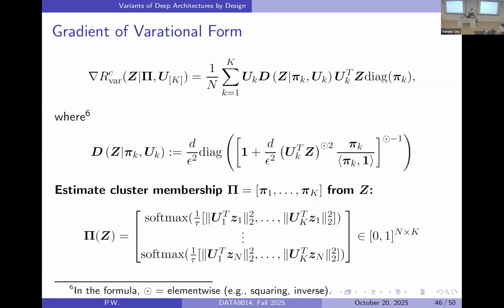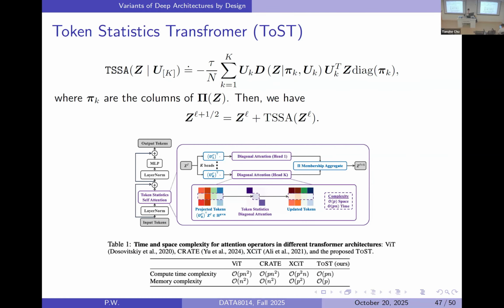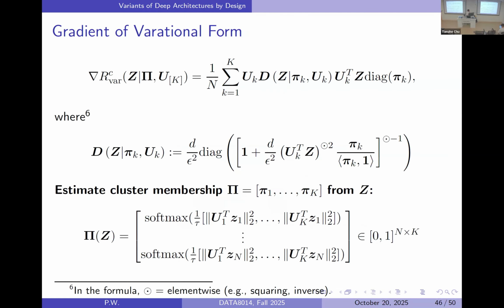That is, we can estimate the membership from the token representations at each layer. Any questions? This is the key component of the token statistics transformer. Okay, if not, we go ahead.